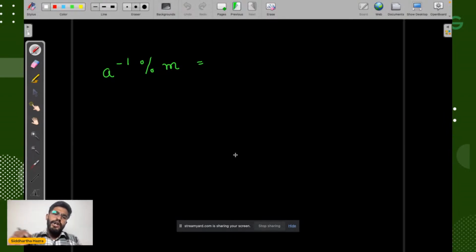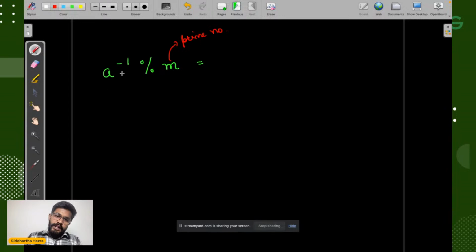So Fermat's little theorem states that if this mod value is a prime number, and is 10 to the power 9 plus 7 a prime? Yes, 10 to the power 9 plus 7 is a prime.